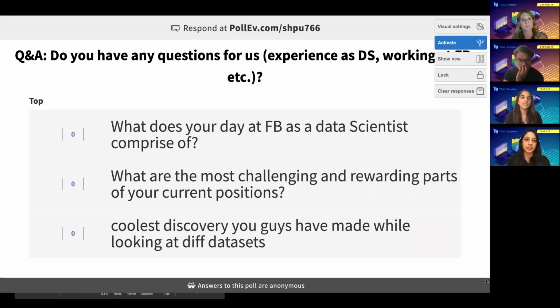A lot of our job is to scope out projects that we think could help our product make a better experience for its users. It's a lot of working with the software engineers on their experimentation and launch releases. And it's a lot of working with the data engineers to make sure the data is clean and is as expected. It's a lot of working with other people. And like I said, communication is almost as important as the technical part.